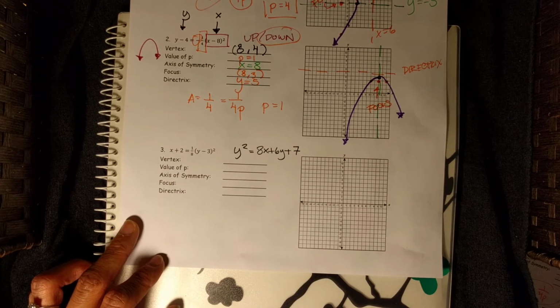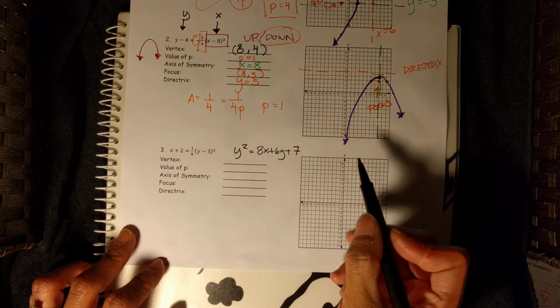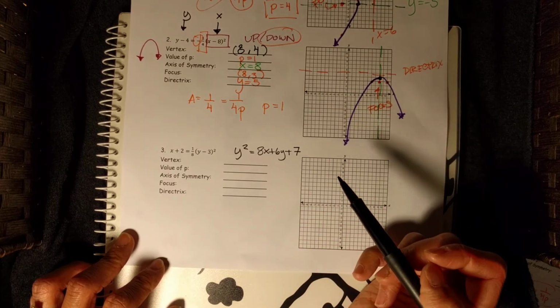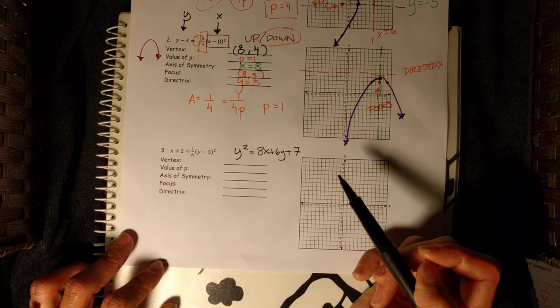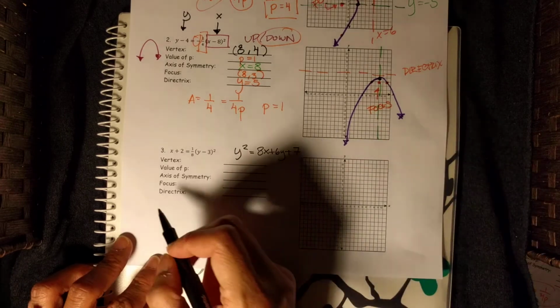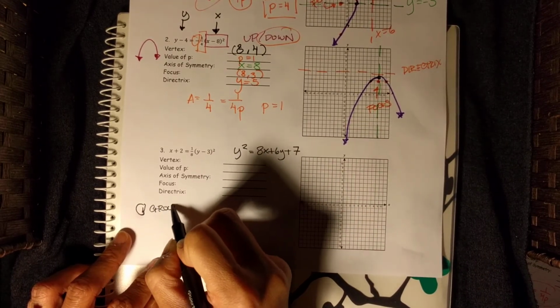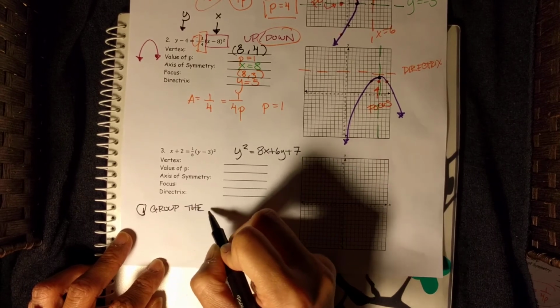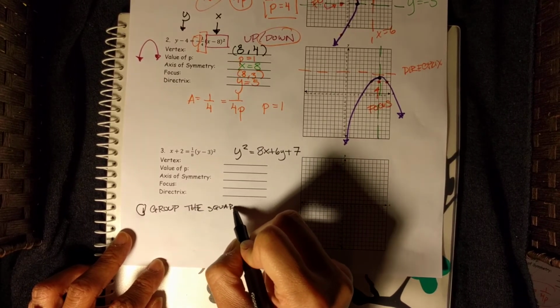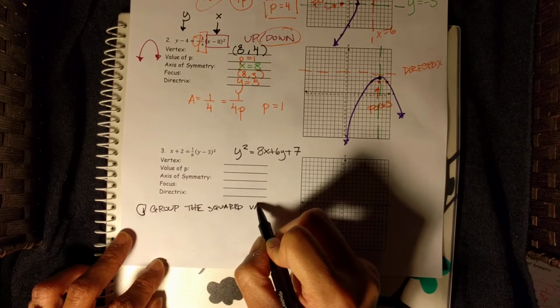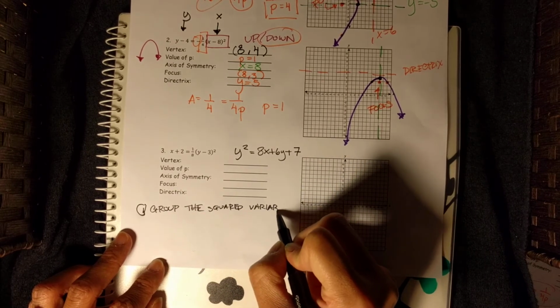And what you're going to do for anything where it's not a nice little parentheses in a standard form for you is you're going to complete the square like I've already said. But first you want to group the squared variable on one side.